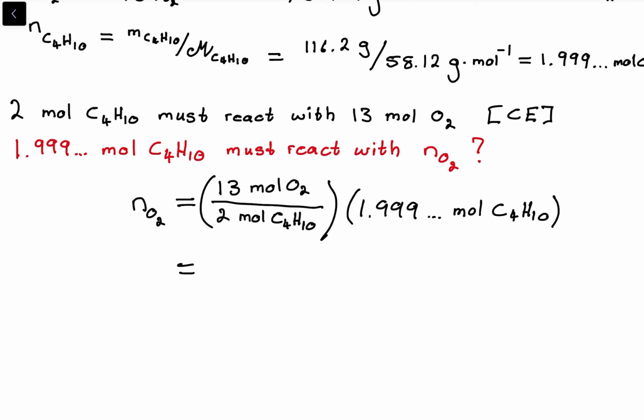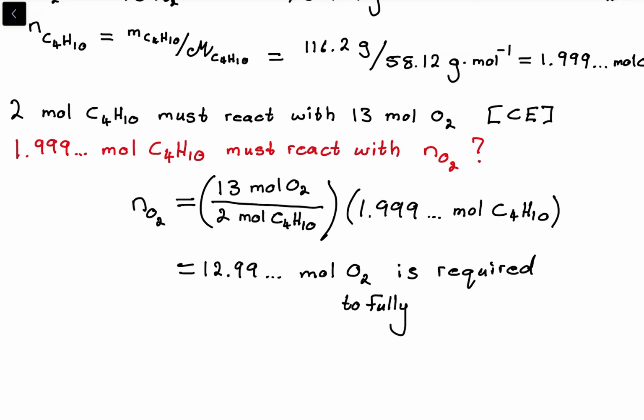And hence, that means we would require roughly 12.99 and so forth mole O2 to fully react, or combust, the 1.9 mole butane.